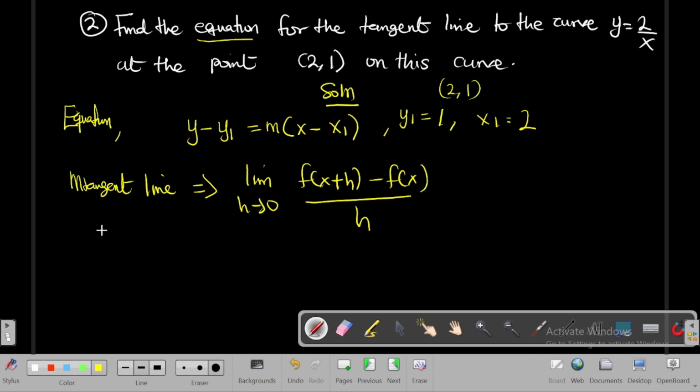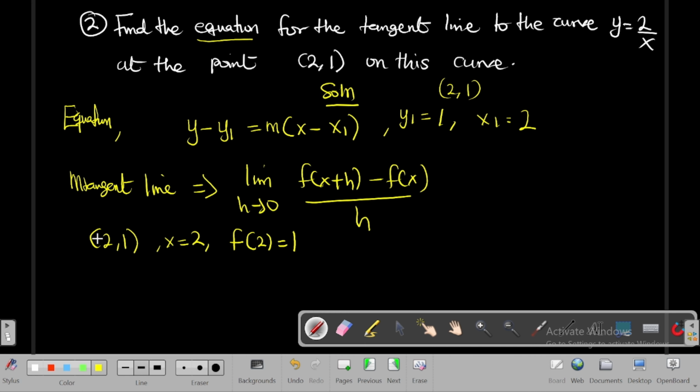All right, now since our point is 2 comma 1, we know that our value of x is 2, right? So we can rewrite this. We also know that when we take our y, which is our f of 2, we are going to get 1, right? I believe you understand this one. It's not anything complex.